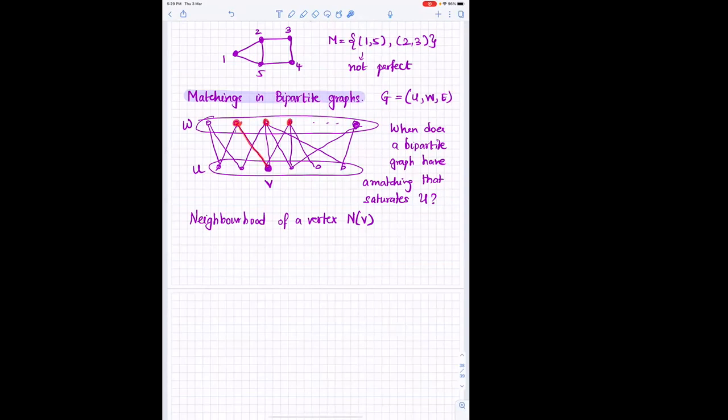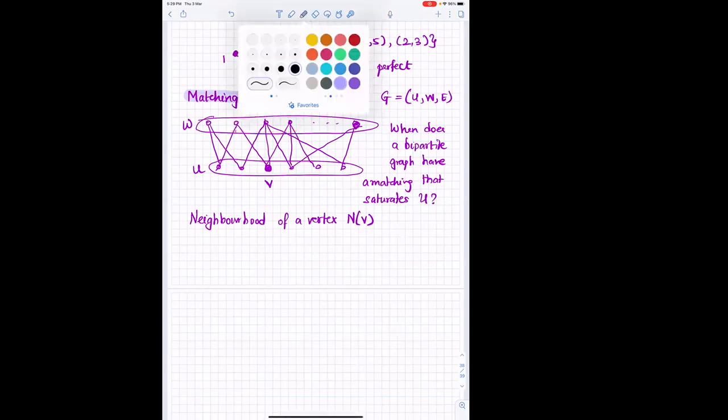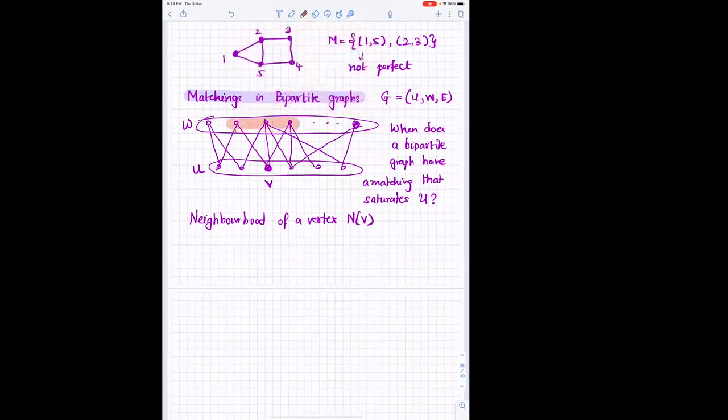So these three vertices form the neighbors of v. The neighbors of a vertex are the set of vertices adjacent to it.